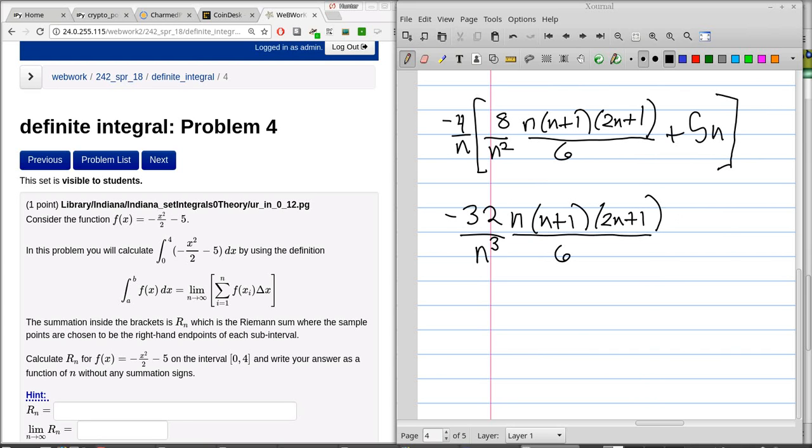I've got a cube on the bottom, a cube on the top. And also, when negative 4 over n comes over here, those n's cancel each other, so that's a positive sign. And I get negative 20, which involves a negative sign in quite another sense. Okay, so I can cancel a factor of 2 between these two things. Yeah. So now let me do that trick on this thing.